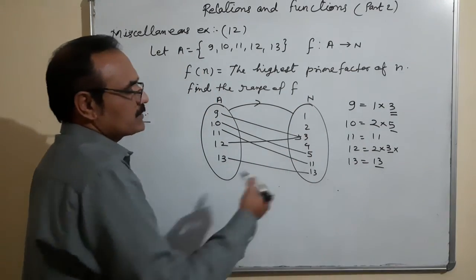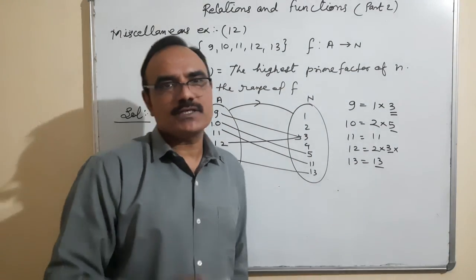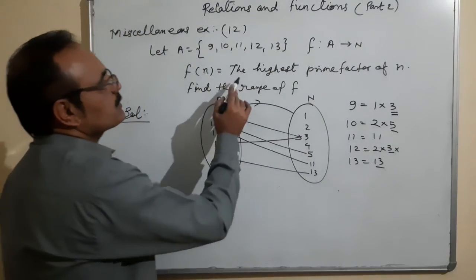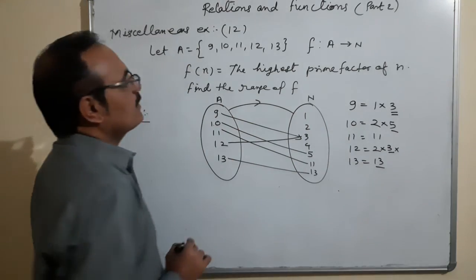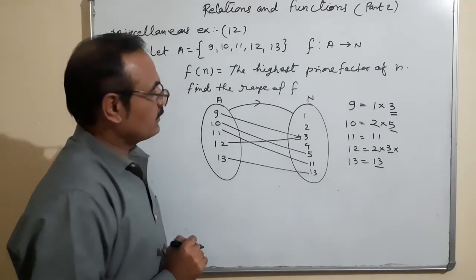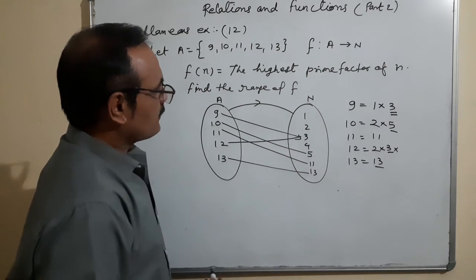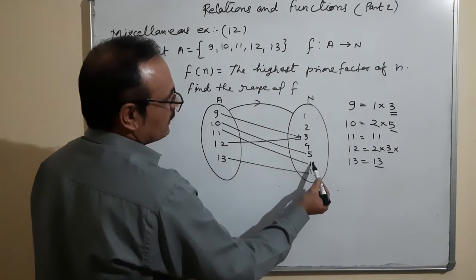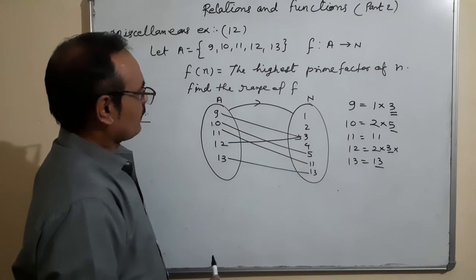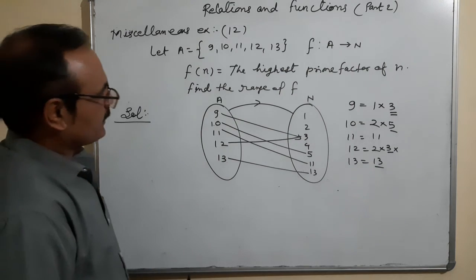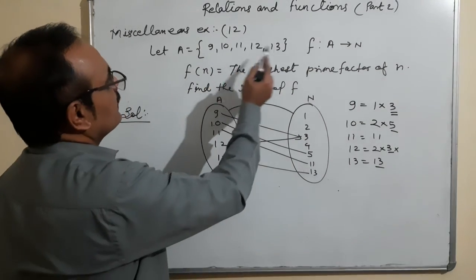By the way, this is the set of all natural numbers starting from 1 to infinite. But in the question, F of N is equal to the highest prime factor of N. Find the range of F. The highest prime factors of N are 3, 5, 11, 13. 2 is not a highest prime factor of anything among 9, 10, 11, 12, 13.